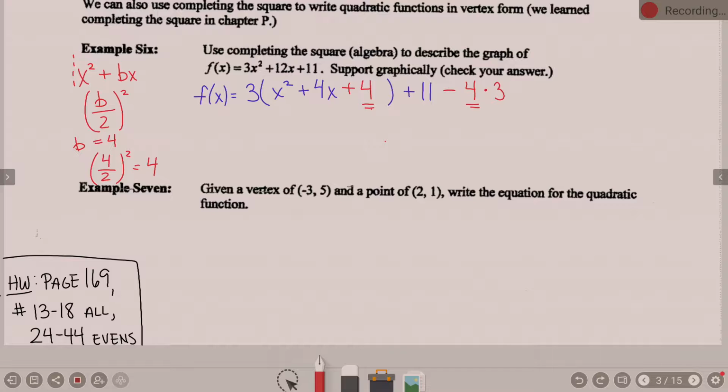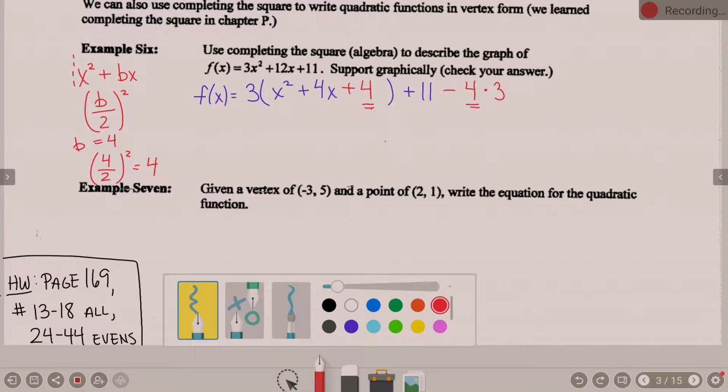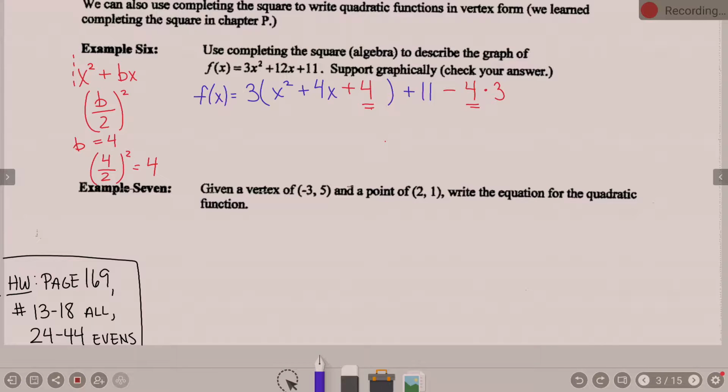Okay. We're ready to rewrite this in vertex form. So f of x stays f of x. 3 stays 3. If you recall from completing the square, after you complete the square, my job is always to factor. X squared plus 4x plus 4. Officially, it factors into 2 parentheses, right?